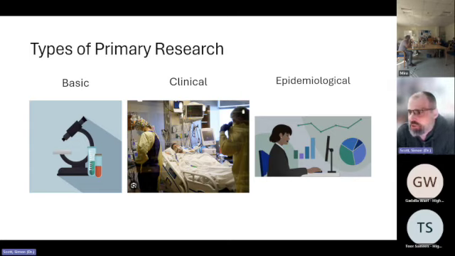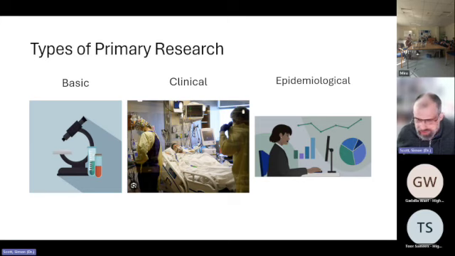Clinical research, which is what we most frequently encounter, certainly at UHL, mainly in the form of the NIHR trials. That is multi-center research trials that we recruit to. And also epidemiological research, which is essentially looking at how populations change and how disease and population change, which we became quite familiar with during the COVID pandemic.